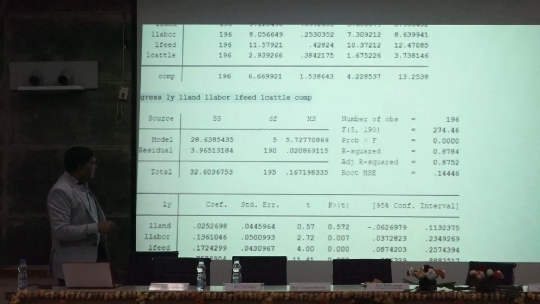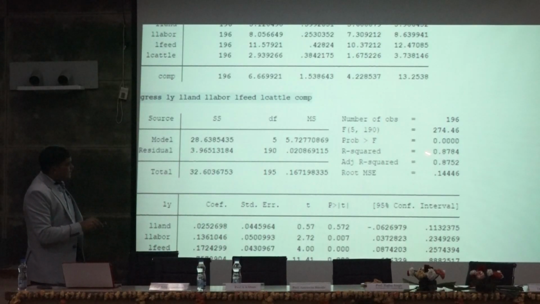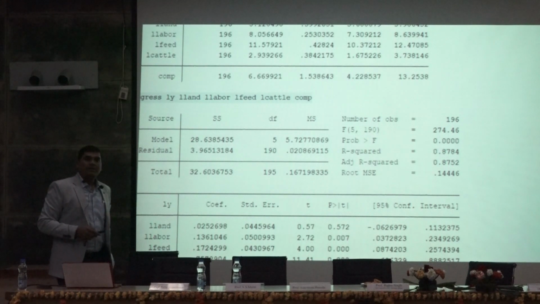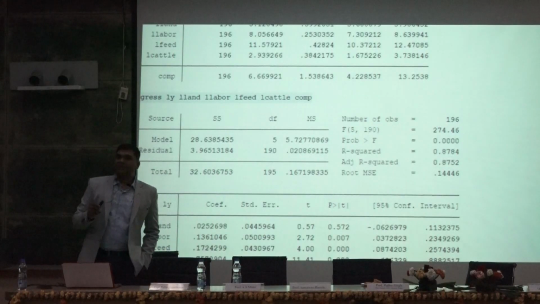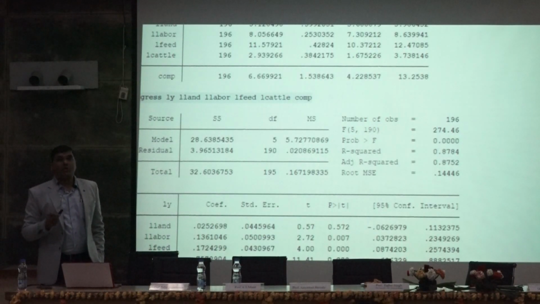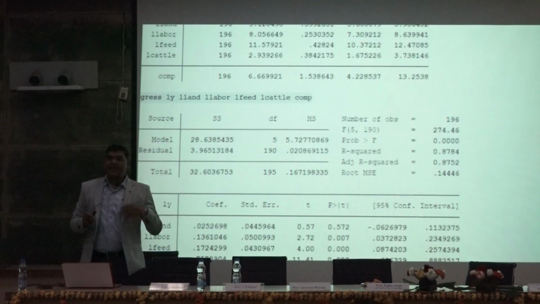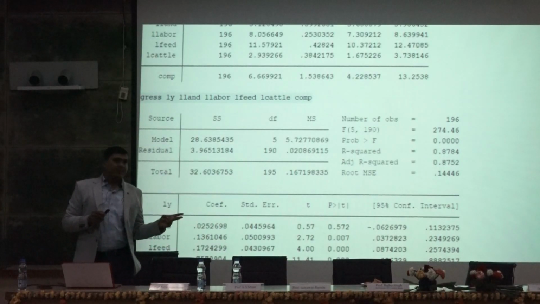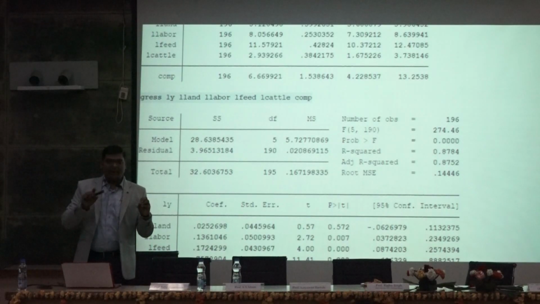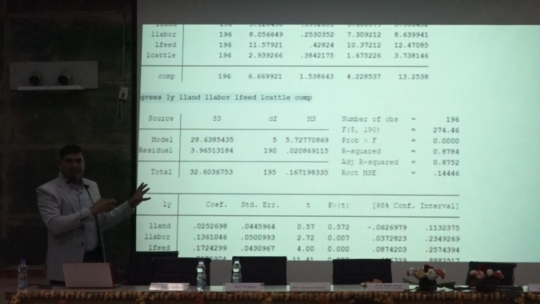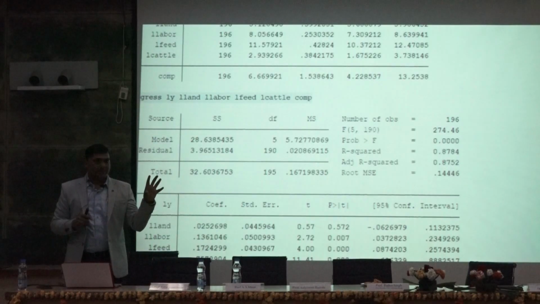Okay. So next is this R square. Is this R square the correlation? No, R square is not correlation. R square is the coefficient of determination, or you can say the variation explained by independent variables. It means how much variation is explained by these selected independent variables in the dependent variable.